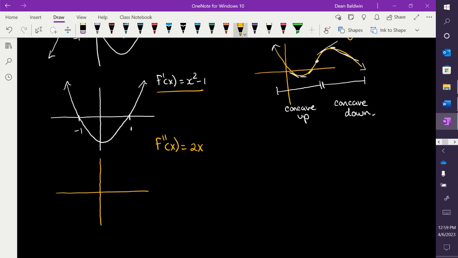Linear through the, what's the y-intercept? 0. Slope is 2. So it's a linear graph through the origin, because it's mx plus b. If x is equal to 0, y is equal to 0.